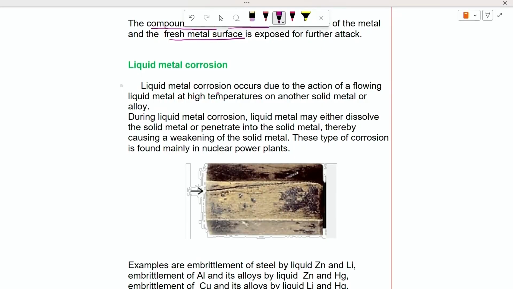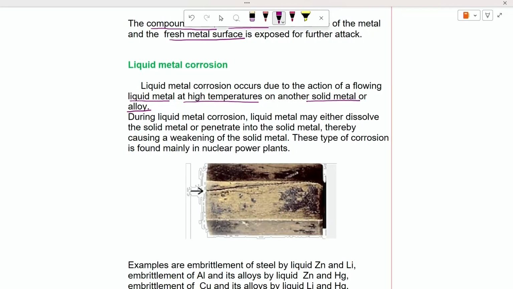So, liquid metal corrosion occurs due to the action of flowing liquid metal, usually at high temperatures, on another solid metal or an alloy. It can be a pure metal or alloy. This corrosion is known as liquid metal corrosion.